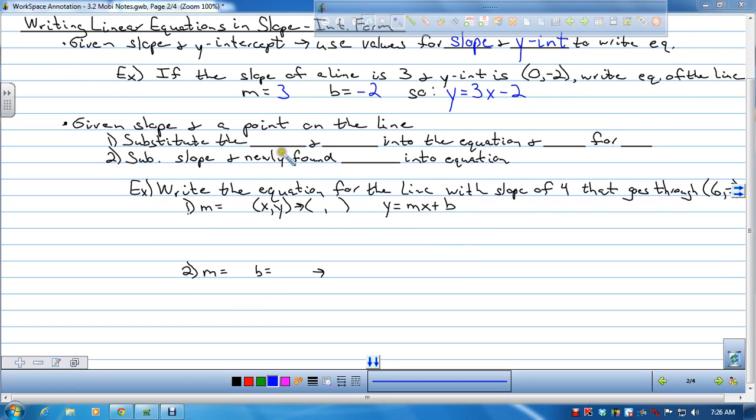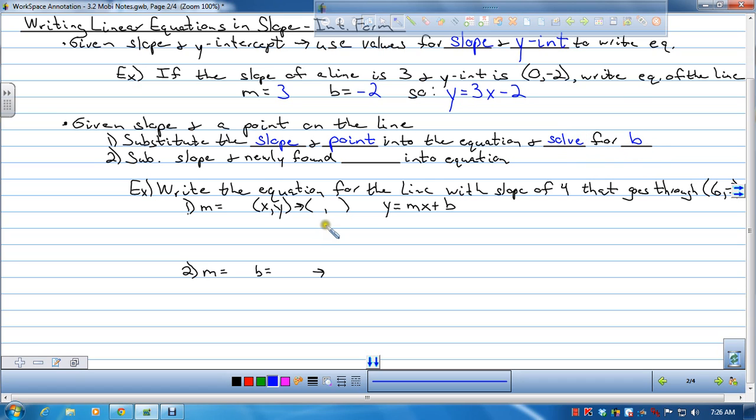Okay, another option we may have here is if we are given the slope and a point on the line. So now we've been given some point, but it's not specifically the y-intercept. Okay, so there's going to be a couple steps here. First of those being, we are going to substitute the slope and the point into the equation, and then we're going to solve for b.